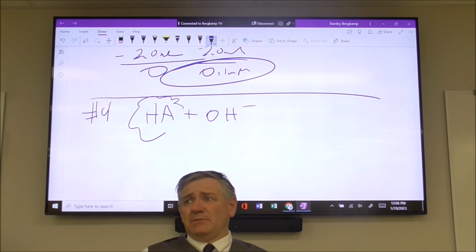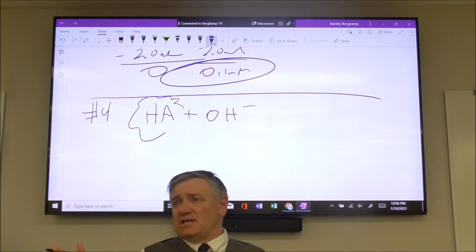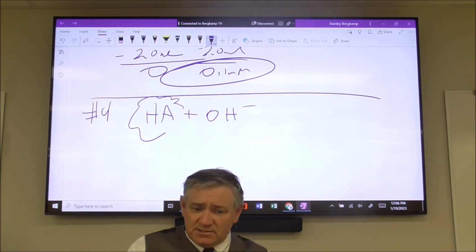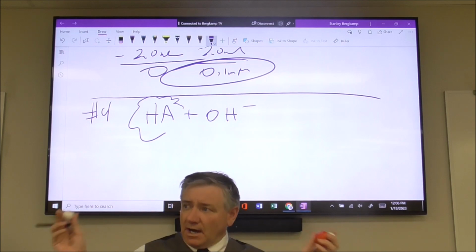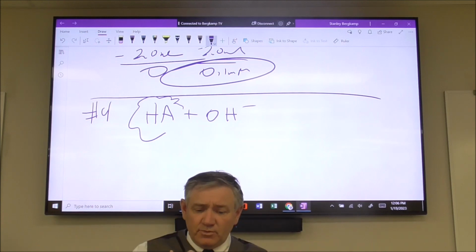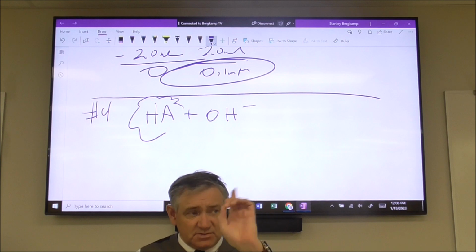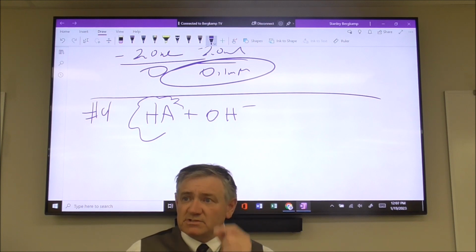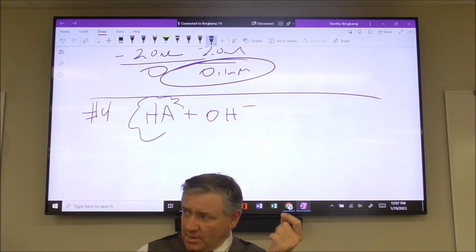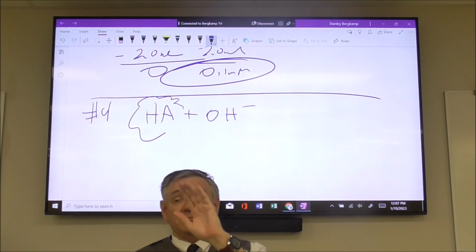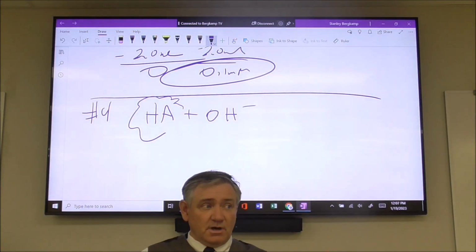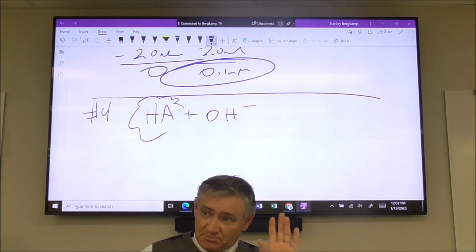Yeah, maybe 1 or 2%. But 97, 98% of this acid is going to exist as the molecular form, not the ionized form. So even when you write that first reaction, if it's a weak acid, you want to start with the molecular form of that acid.